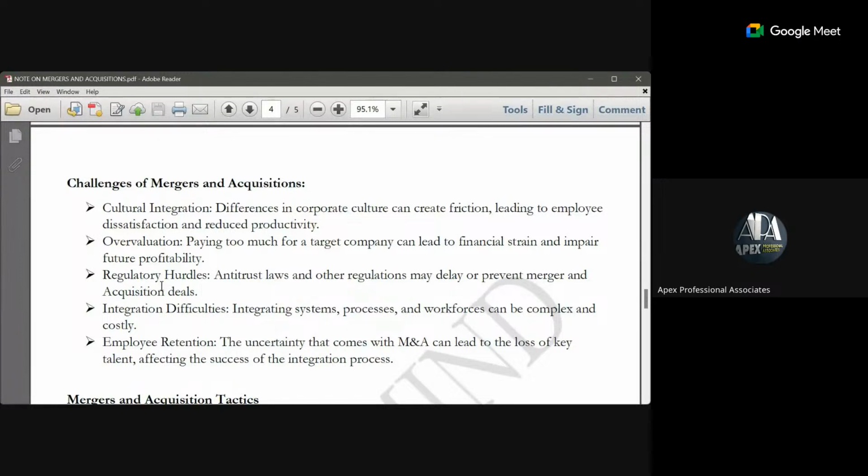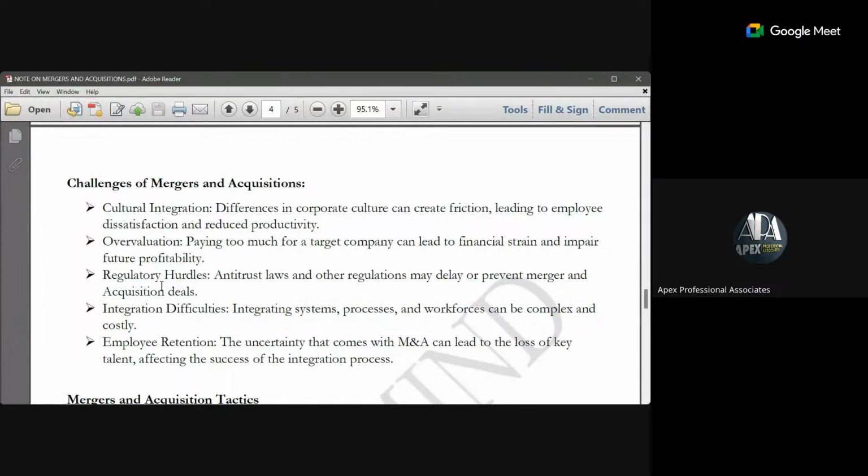Then we also have employee retention. The uncertainty that comes with mergers and acquisition can lead to the loss of key talent, affecting the success of the integration process. We all understand that when mergers and acquisition arises, some staff will not be retained and will be rendered jobless, while some will be retained.